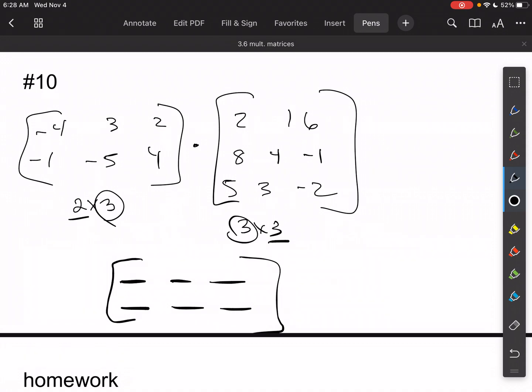Okay, and I'm just going to help set this up. I'm not going to do this whole thing with you. But for the first one here, we're in row 1, column 1. In fact, we're in row 1 all the way across here, right? So I'm going to do row 1 across, and then here, this is all row 2. Okay, here we're at column 1, column 1, column 2, column 2, column 3, column 3.